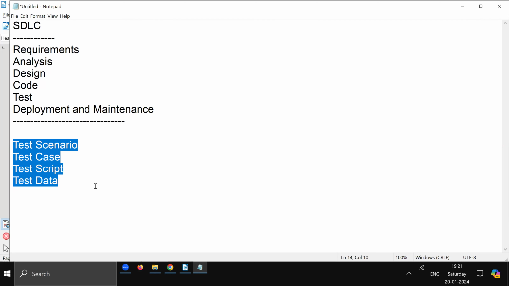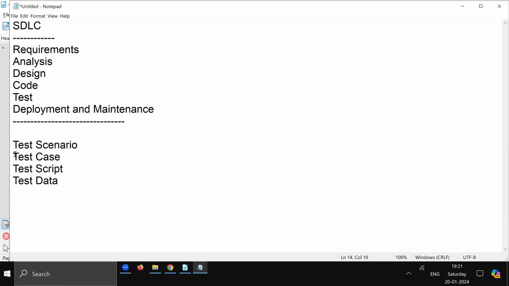Okay. So terms used by testers are test scenario, test case, test script, test data. Test scenario means the context under which testing has to be carried out.